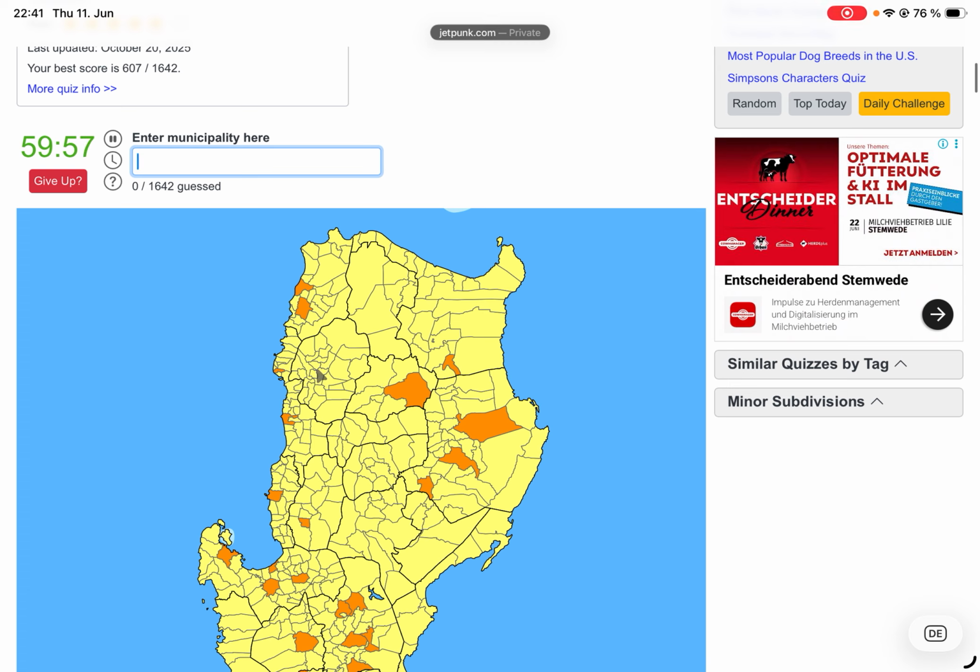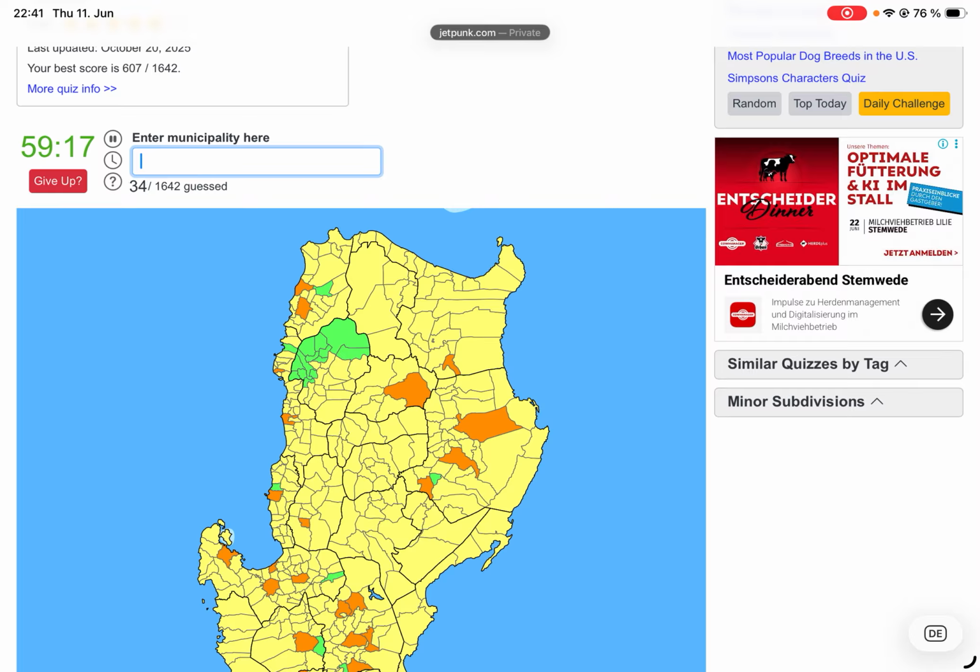Let's just start with Bangued. As I said, it's the capital. Then you have Langiden, San Quintin, Pidigan. We have San Isidro, Peñarrubia. This should be Danglas, Lagayan, San Juan, La Paz, Dolores, Tineg.